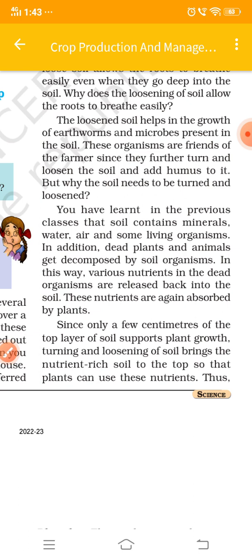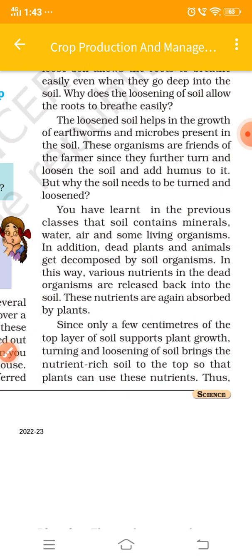What they have said exactly is, as we know, there are three layers of the earth: crust, core, mantle. And in the crust, the topmost layer is horizon A, if you have learned in class 6. In horizon A only the fertile soil is available, and the top layer of the soil is very fertile.